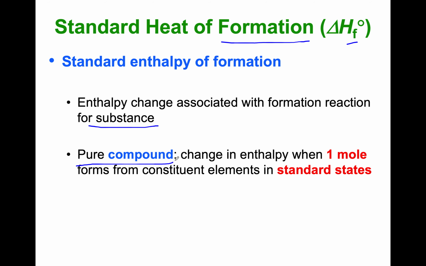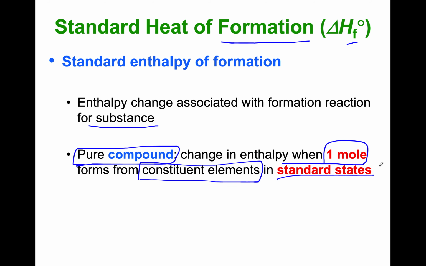It's the pure compound that's being formed. And if we take a look here, it's the change in enthalpy when 1 mole is formed. That's the definition. 1 mole is formed, and it's formed from its elements in their standard states. So what does that mean? Well, oxygen's an element, O2, and its standard state is a gas.